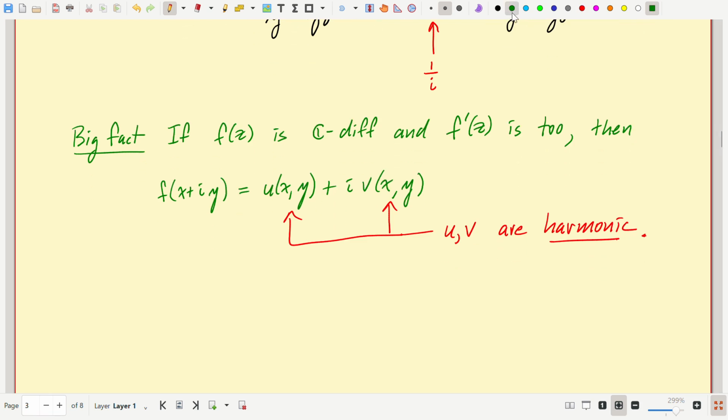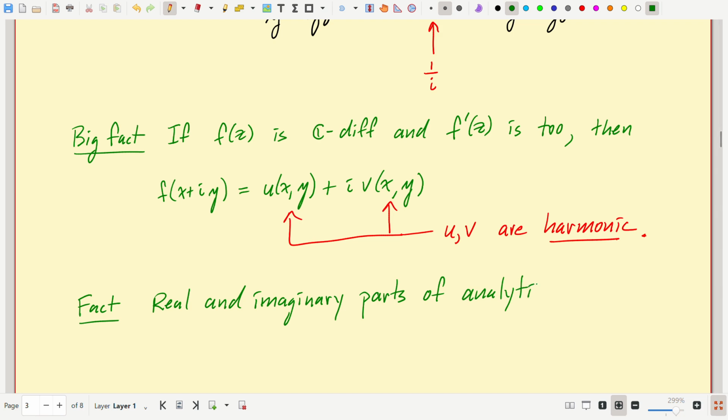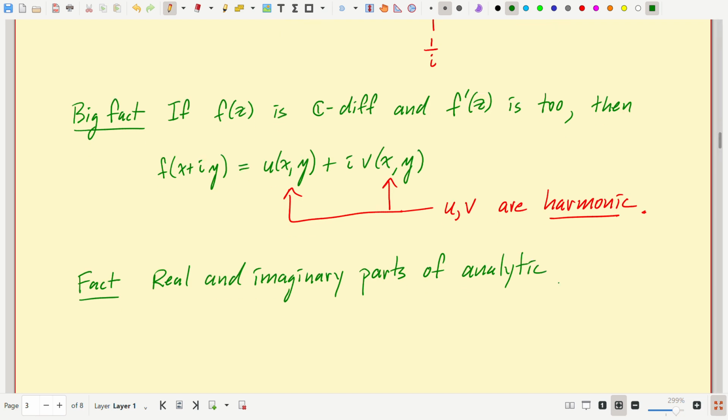It's a fact, I should say. Real and imaginary parts of analytic functions are harmonic. So analytic meaning complex differentiable on an open set.